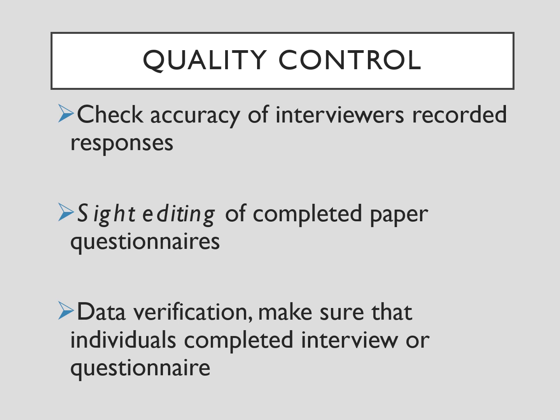And that goes forward into site editing of the paper questionnaires. That is when we hand out a questionnaire and we get it back, we want to make sure the frontline folks, the data collectors, are looking at it to make sure that people fill it out correctly. And so this could include anything from missing information, like, oh, I'm sorry, you forgot to put your age or your zip code or your income or whatever it may be.